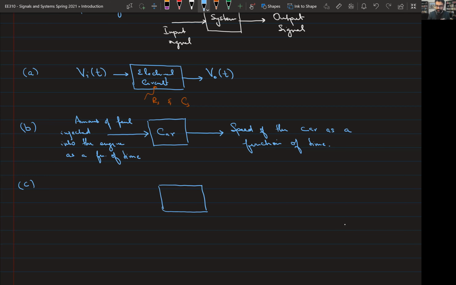And all of these examples are motivated by some of the applications that I'm going to talk about in just a bit, right? So this is part of the system of the human body, which has an input, which is the electrical current in the motor cortex. Right, in the motor cortex, right?